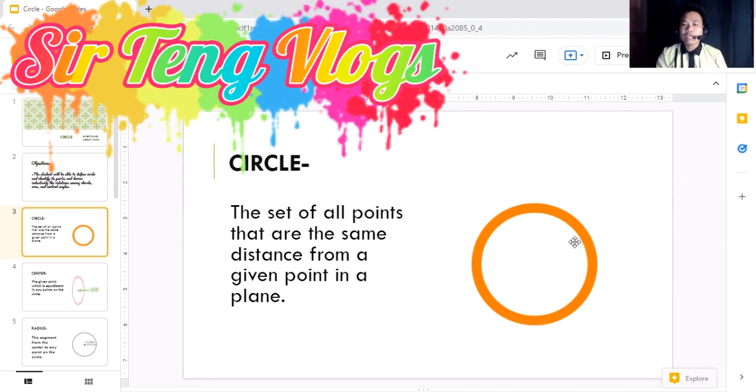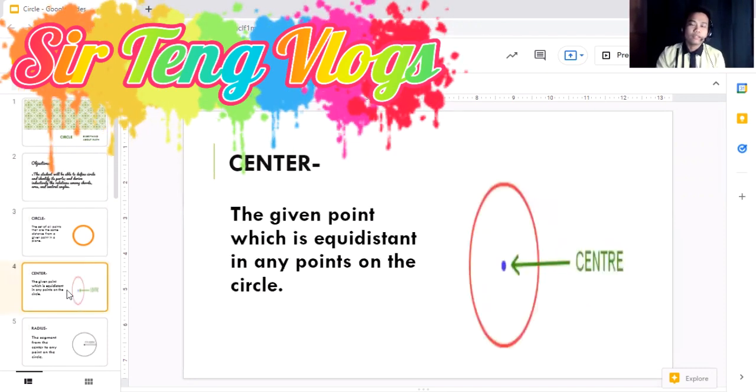Any point on it is equidistant from the center. And the center is the given point which is equidistant to any point on the circle, or on the circumference of the circle.